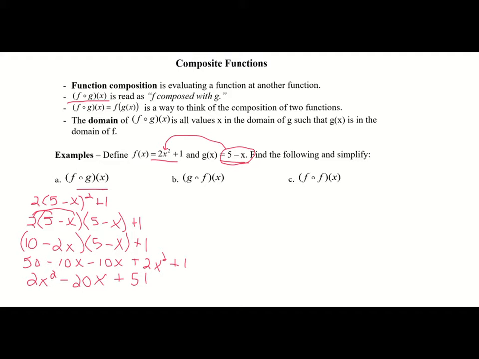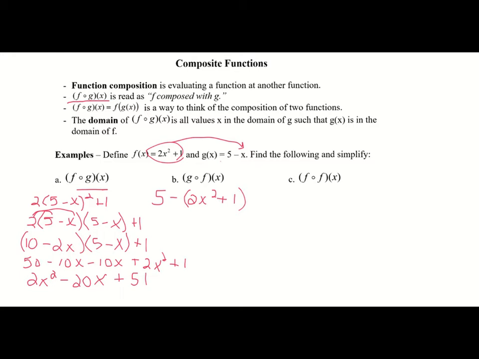Now we are going to do G composed with F of x. So now we insert F, because it comes second, into G where the variable is. I'm going to have 5 minus, instead of x, 2x squared plus 1.